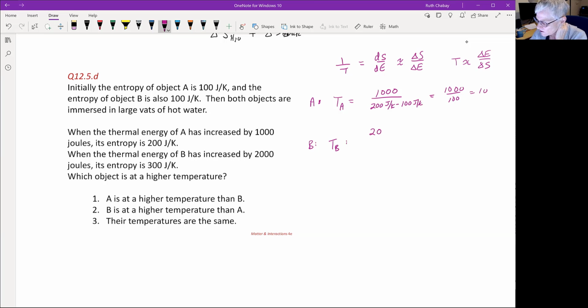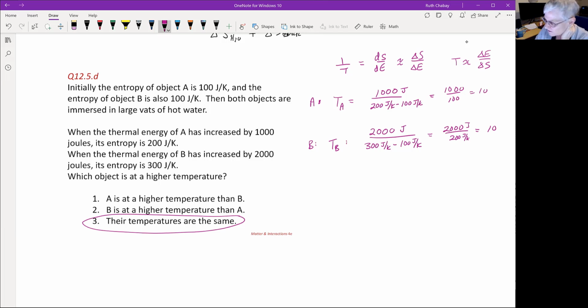For B, the energy is increased by 2000 joules, and the entropy has gone from 100 to 300 joules per Kelvin. So we have 2000 joules over 200 joules per Kelvin, and we get 10.